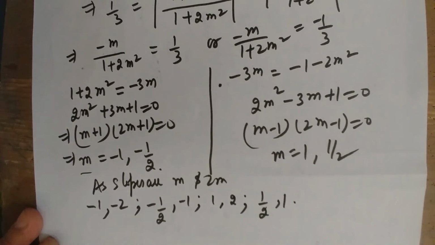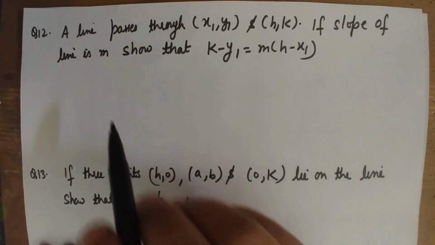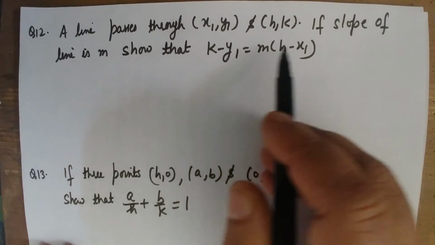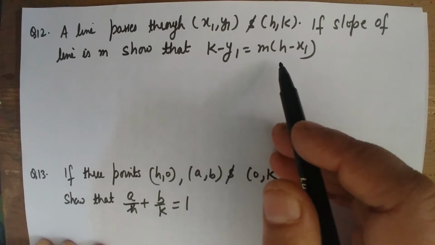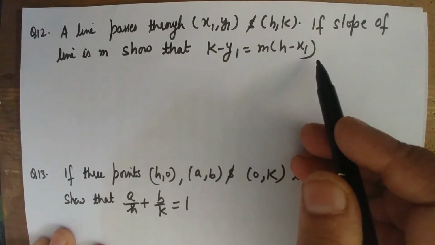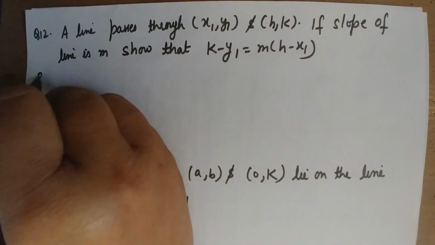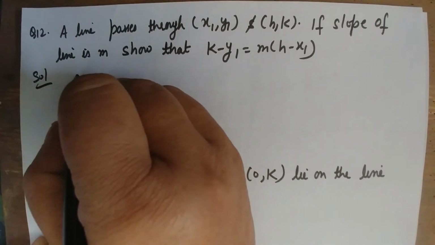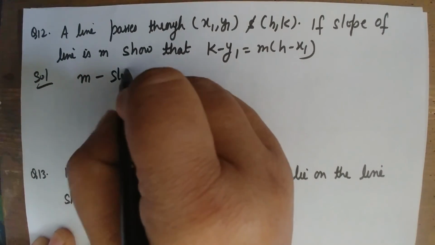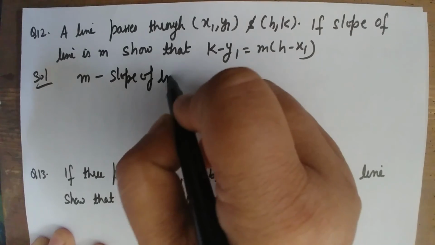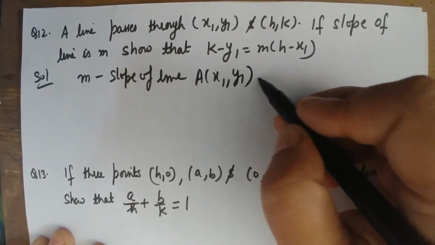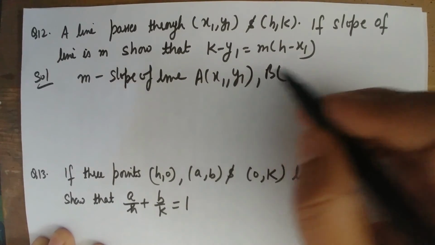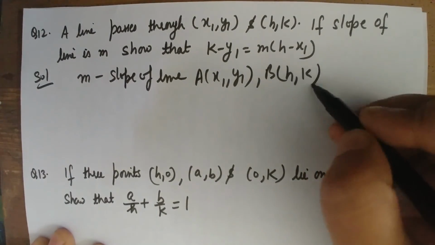Number 12: a line passes through x1 y1 and h k. If slope of line is m, show that k minus y1 equal to m times h minus x1. Okay, so here m is the slope of the line. The line passes through these points, the first point we name A and the other B. A is x1 y1 and B is h k.